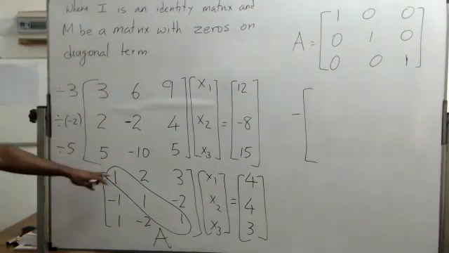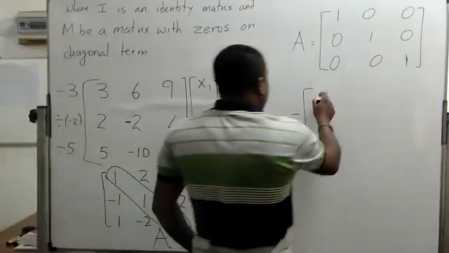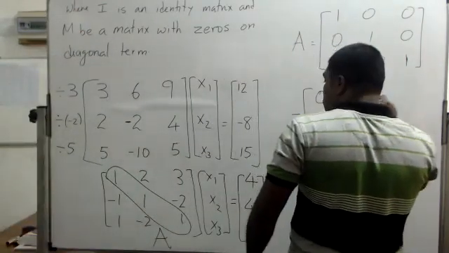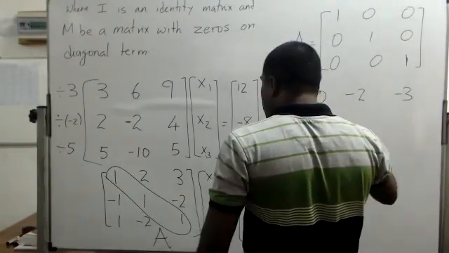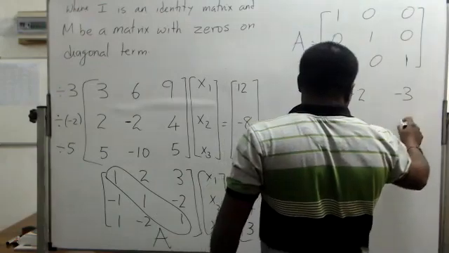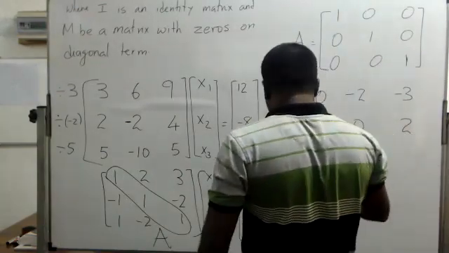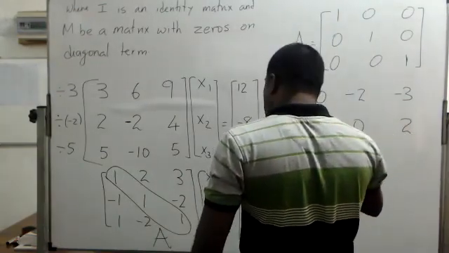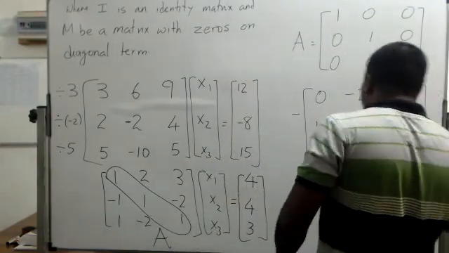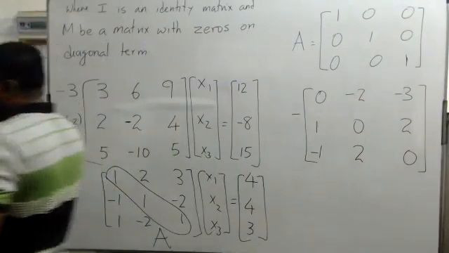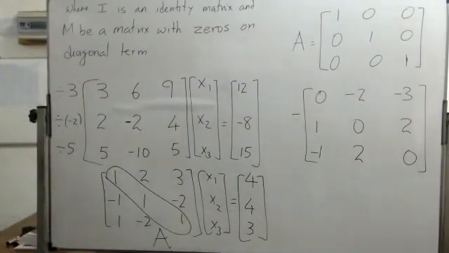The ones are already gone there. So you have 0 minus 2 minus 3, 1 0 2, minus 1 2 0. So you wrote A as I minus M.